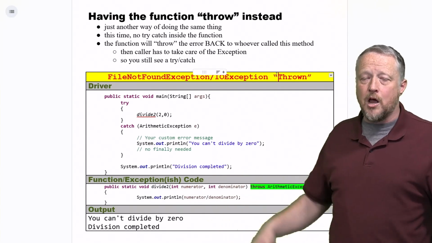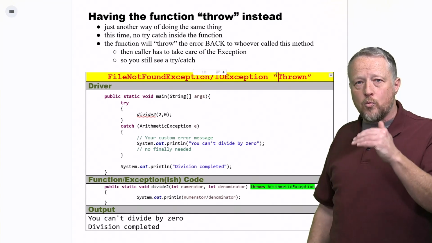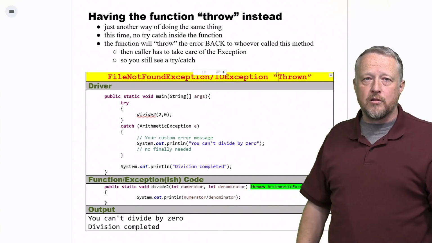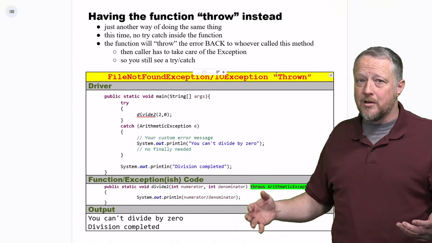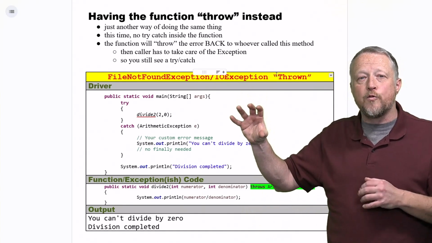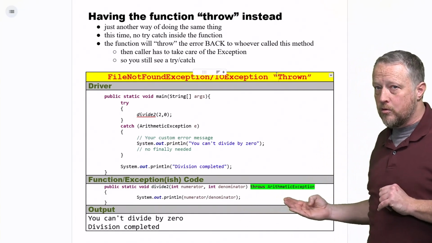Match it, and done. So that's why we have the throw option when we're doing our exception catching. Notice again, try catch, still same setup. It's just we're making that overall setup a little bit smaller by having the functions throw the errors.